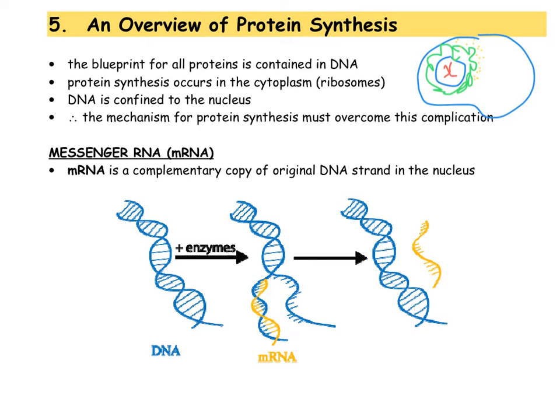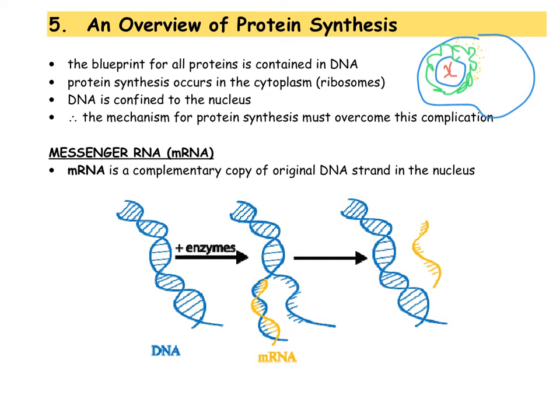I like to think of DNA as sort of being like Cinderella, and Cinderella is stuck at home and can't leave her stepmother's castle, right? Well, what does she have to do? She has to transform using the help of her fairy godmother to be able to leave her stepmother's house.